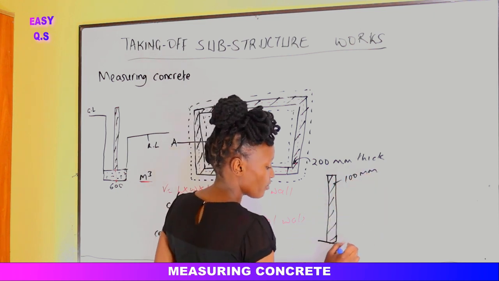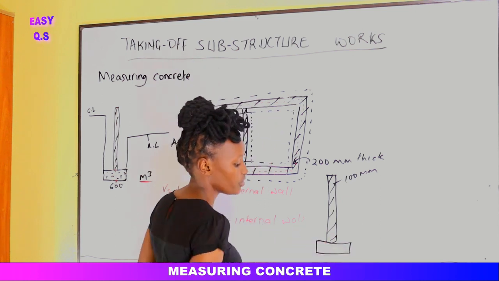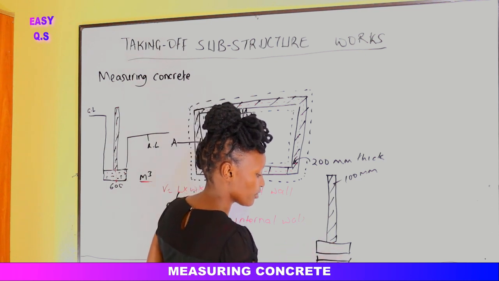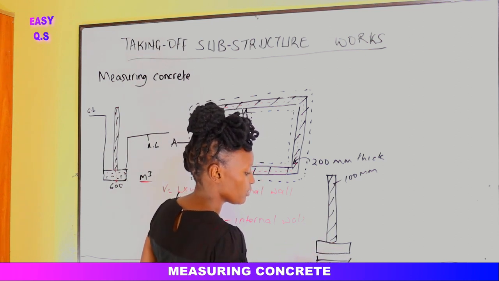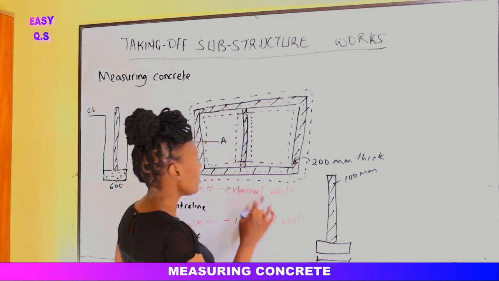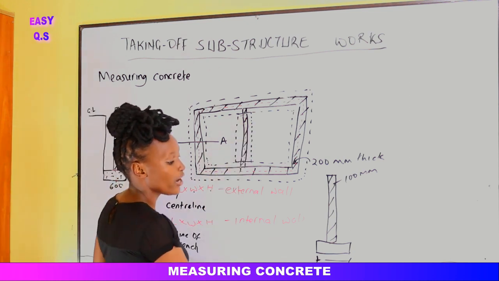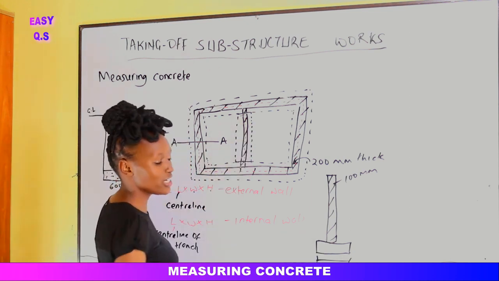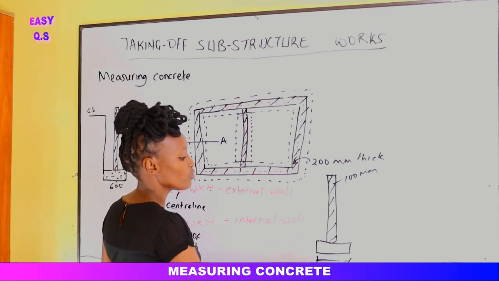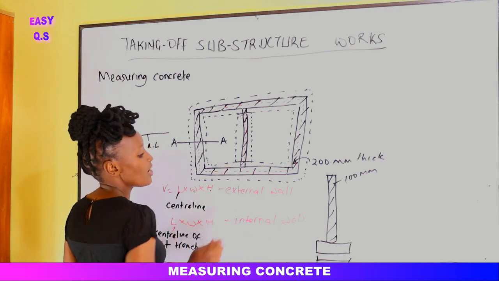Then we have the concrete, which is maybe this one, they did a concrete of 400. All right, the thickness of the trench is 400. So once we are finding the volume of concrete from here to here, you take 400, we deduct 100, it shall be 300. To find the spread, it is 300 divided by 2. So 150, 150. So the spread here shall be 150, here 150.